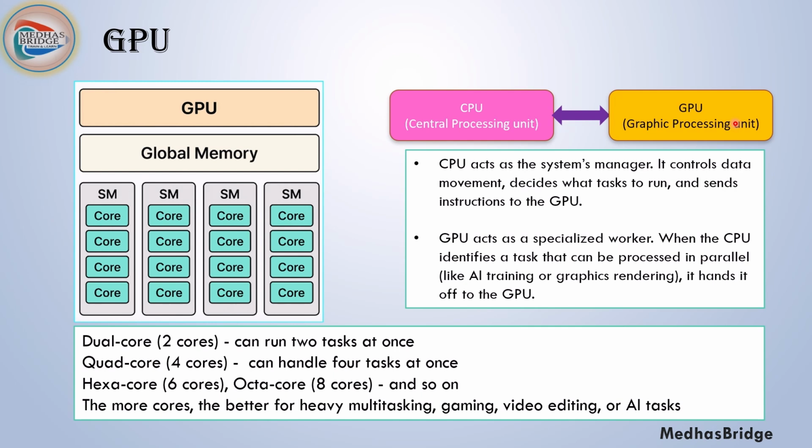Does it make sense? That's why high performance can be achieved by the combination of CPU and GPUs. If you have more cores, it is better for heavy multitasking. Gaming, video editing, and AI tasks require this nature of system architecture.